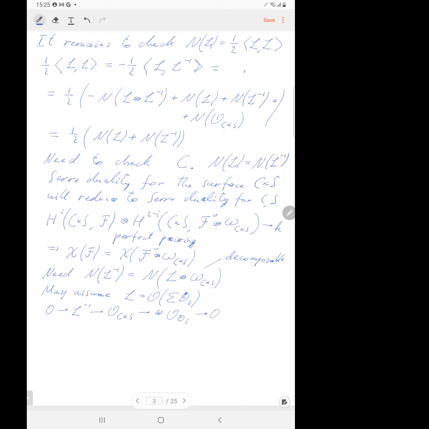We already used it once, and we also have the sequence: the canonical class of C times S goes to the canonical class of C times S twisted by the sum of D_i's goes to the direct sum over i of canonical line bundles of D_i's, and this is called the adjunction formula, and we proved it a long time ago.